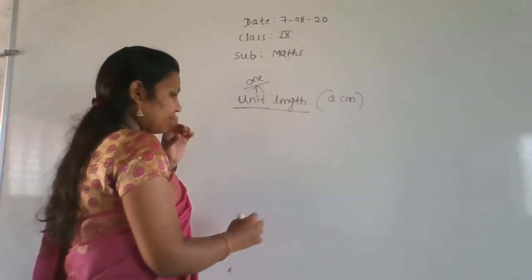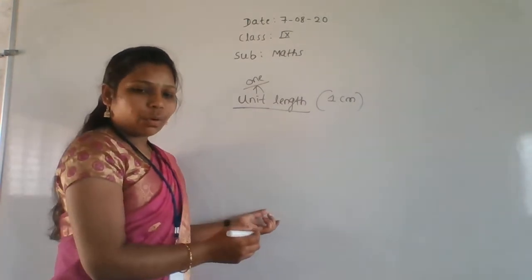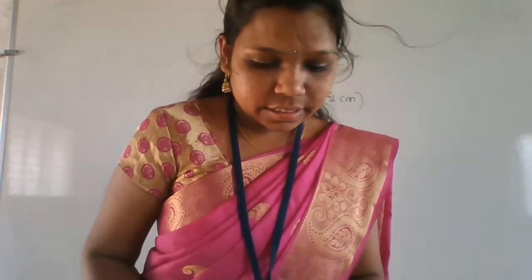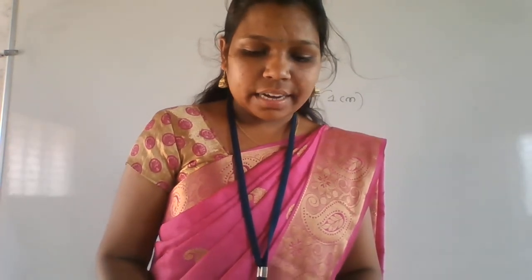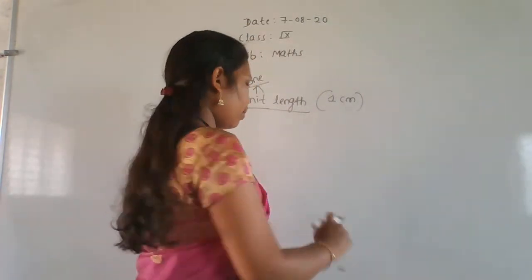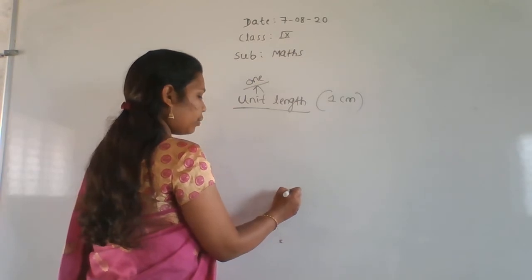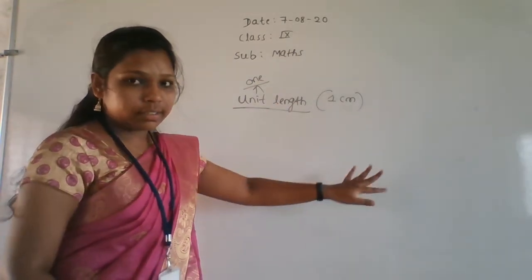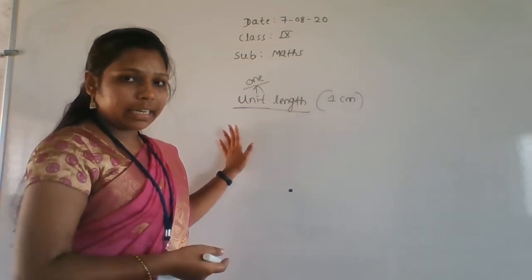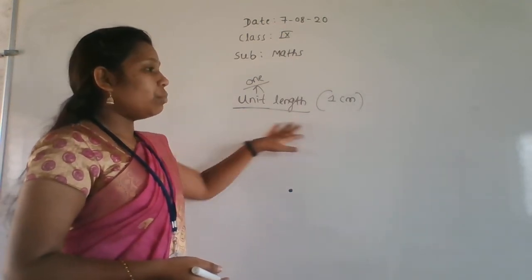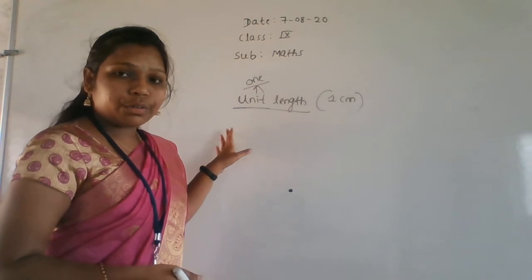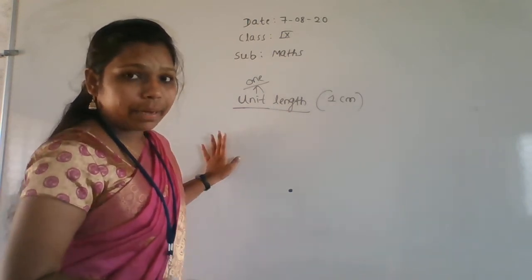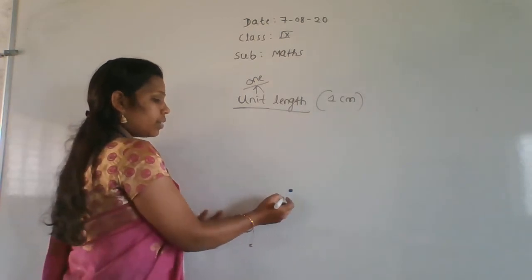I'll show you. First, they told us to take 1 centimeter, starting with the point O, and draw line segment OP1. Assume this is one large sheet of paper.